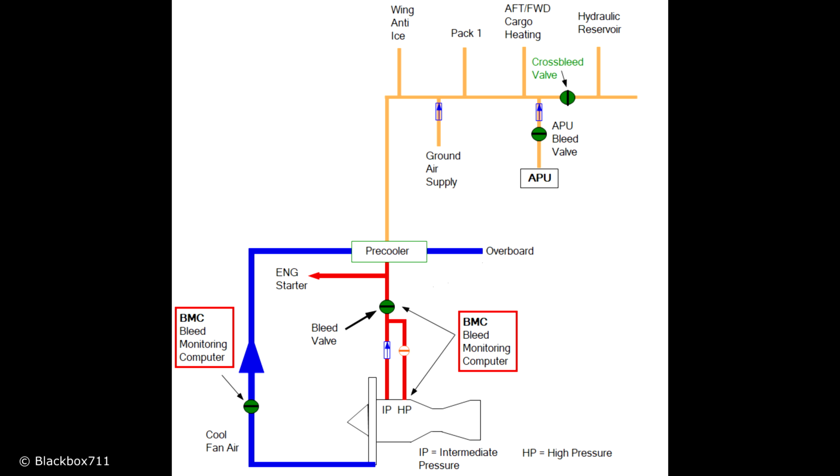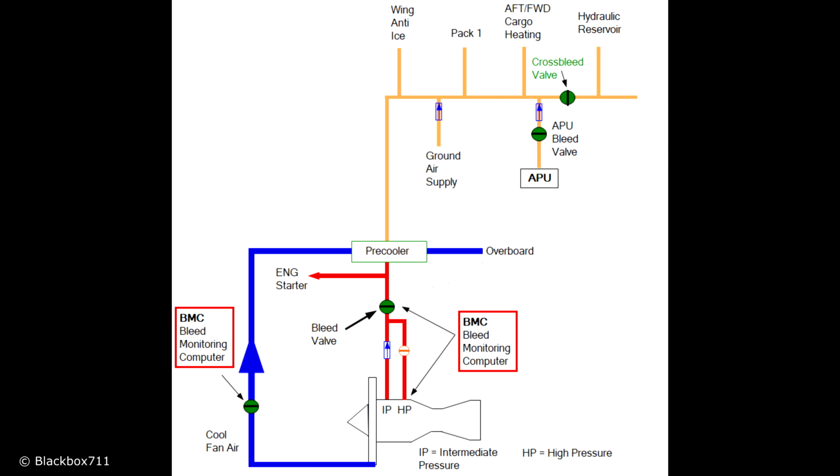Now, in order to be able to pressurize the cabin of the Airbus, you will need a high pressure bleed air source. And this comes from two stages of the compressor of the engine. One is the so-called intermediate pressure stage, and the other one is called the high pressure stage.